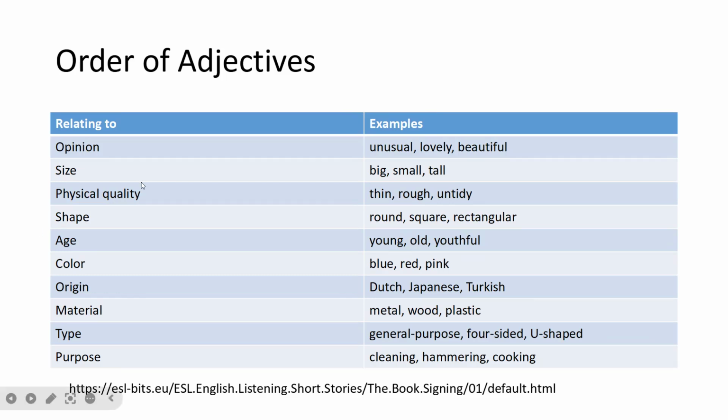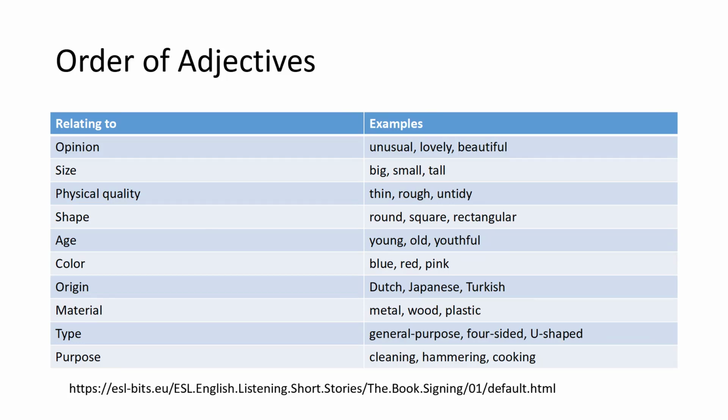Then we have to use physical quality, like thin, rough, untidy. Then we have to use things like shape. So we can say round, square, rectangular. Then we have to use age. So we say words like young, old, youthful. After that we have to use color, so all the colors that we know: blue, red, pink.